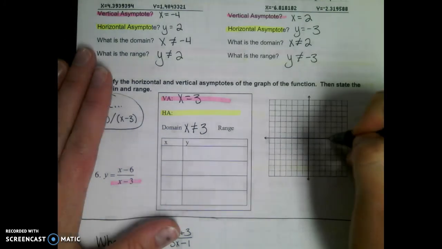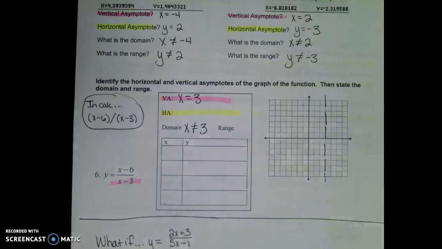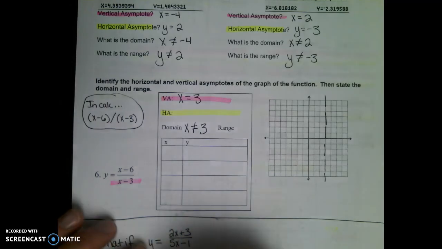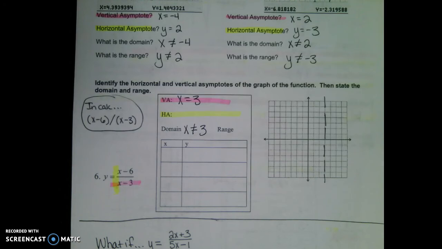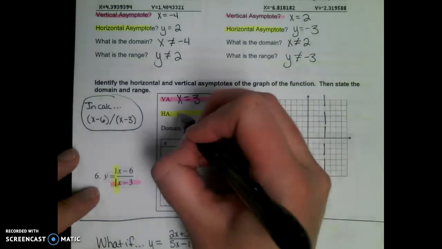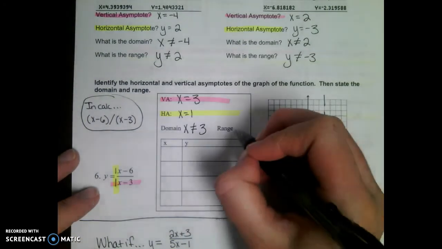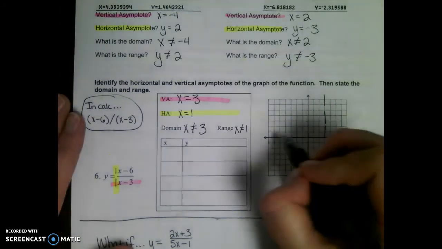So x is 3. The horizontal asymptote is the coefficients of the x's. It looks like we've got a good old 1 divided by 1, which is 1. So our range, x cannot equal 1.